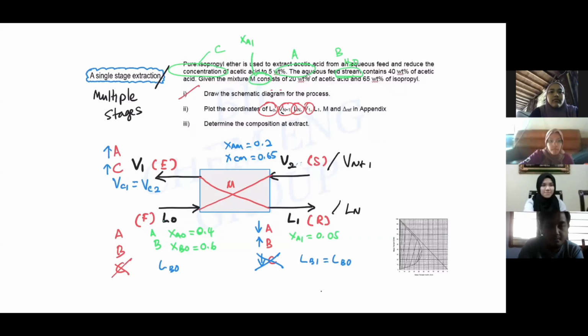But if you don't know whether it is single or multiple stages, just assume multiple stages first. If the question states that you need to find the number of stages, it is definitely multiple stages. So if you don't know, just use multiple. As easy as that.